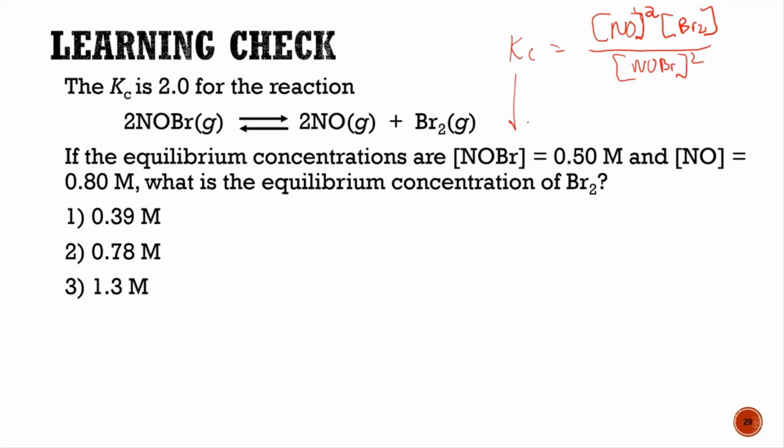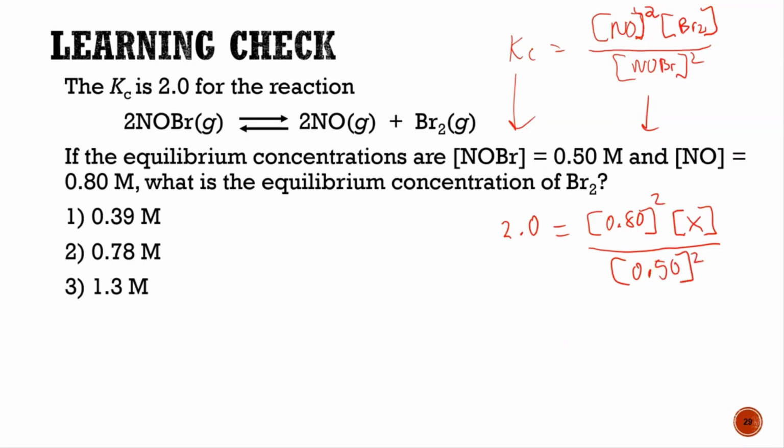So I'm going to just write this down here because there's more room. 2 equals, and do they give me NO? They do. 0.8, and that's squared, right? They do not give me the bromine, right? So I'm going to just call that X, right? They give me NOBr, 0.5 squared.